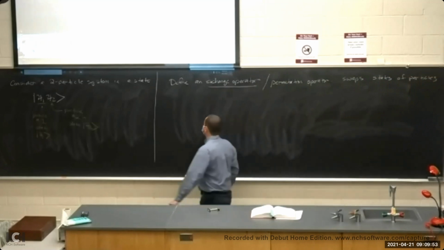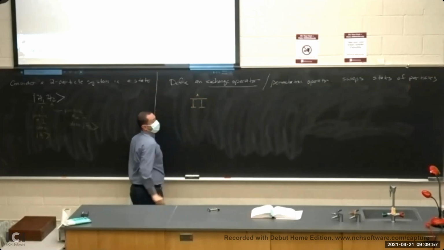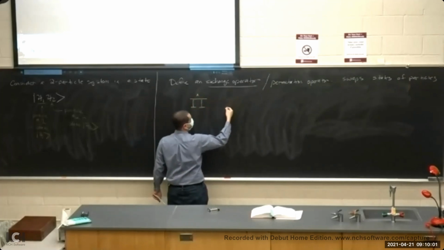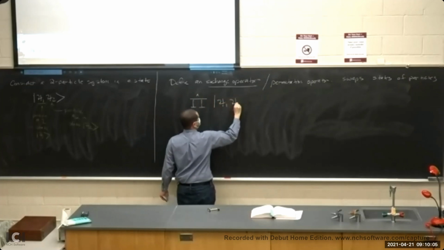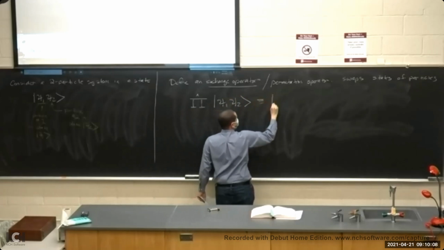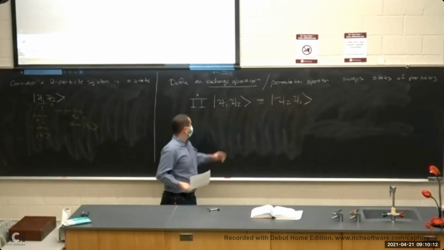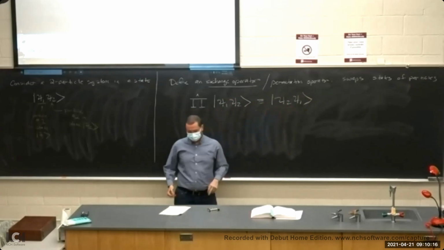I think we've used about every letter in the alphabet at this point, so apologies if I'm recycling things. I decided to call this pi. Capital Pi is going to be my exchange or permutation operator. The definition is that the exchange operator on my state psi 1, psi 2 switches which particle is in which state. So now particle 1 is in state psi 2, particle 2 is in state psi 1.